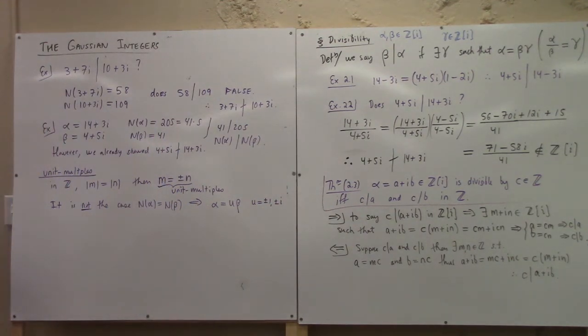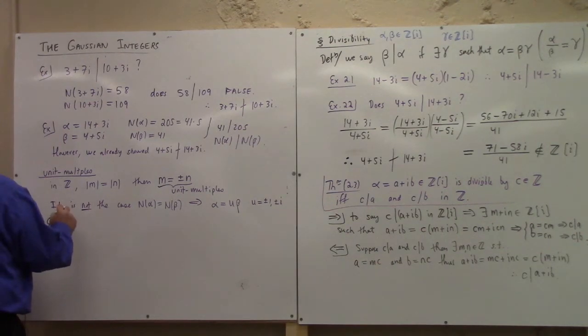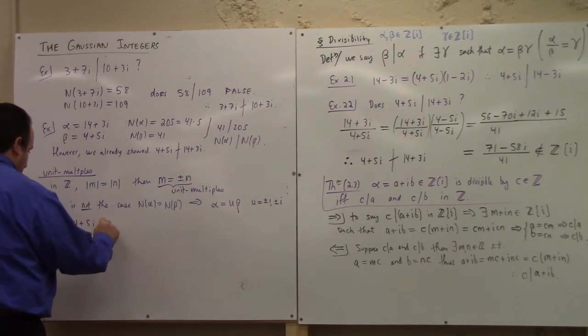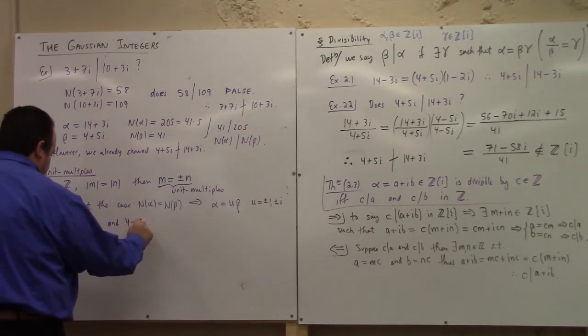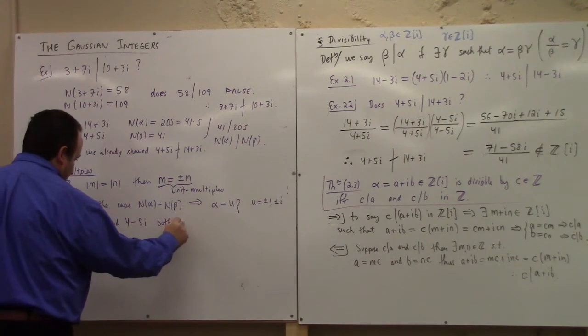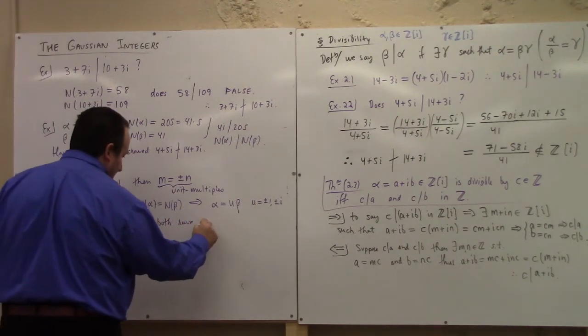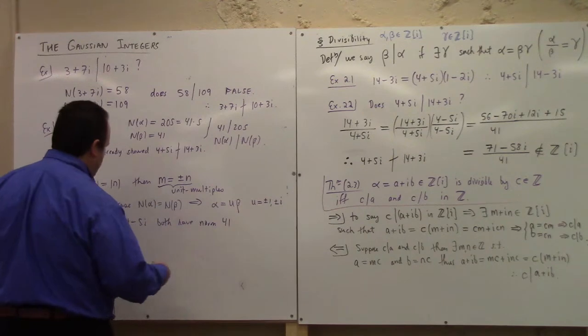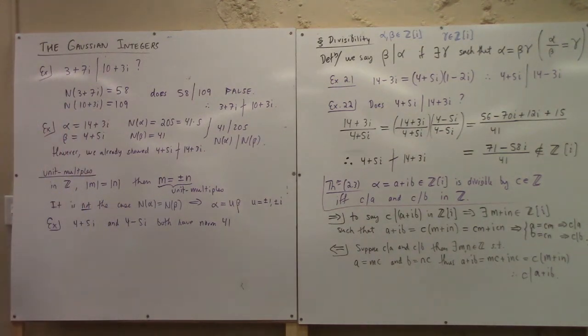All right. So the example he gives of this is really nice. I really like the way he points out, if you look at 4 plus 5i and 4 minus 5i, both have norm 41, right? So how can I prove that 4 plus 5i is not a unit multiple of 4 minus 5i?